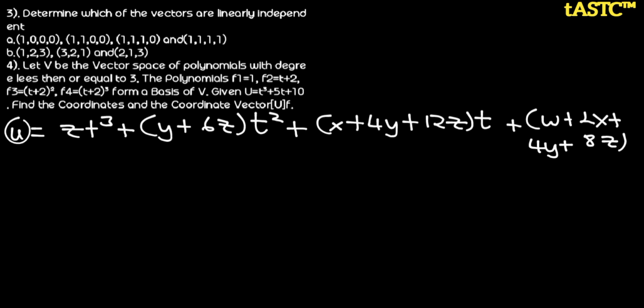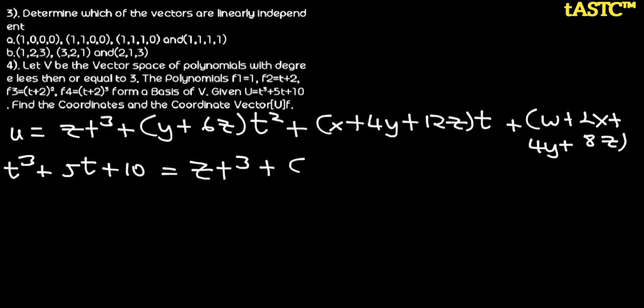Now we know what u is. We were given u to be this stuff. So u is t raised to the power of 3 plus 5t plus 10. That will be equal to this whole stuff. So, well, I really don't want to write that, but I don't really got a choice. I'm just going to write it out.